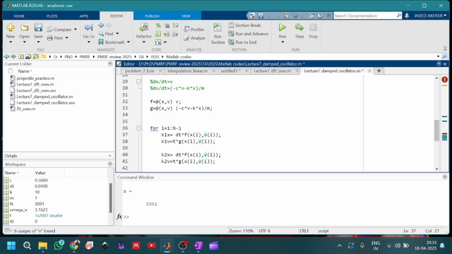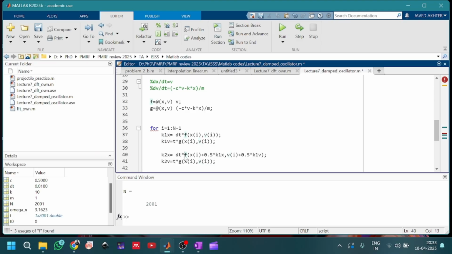It is basically dt times f evaluated at xi plus 0.5 multiplied with k1x, and similarly here you will add 0.5 times k1v. So this is your k2x.